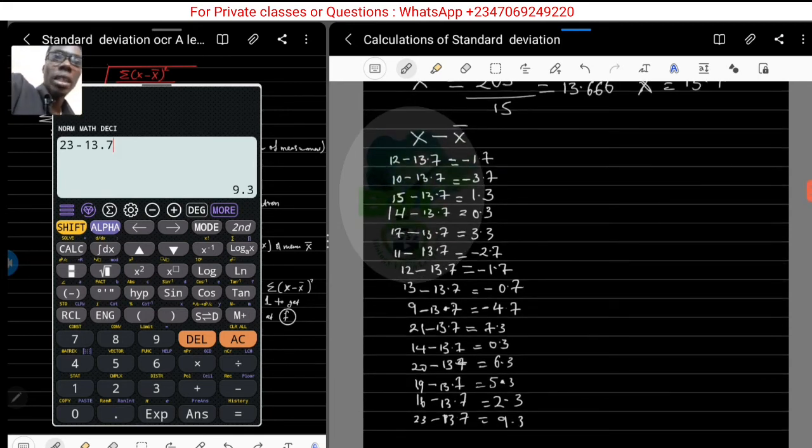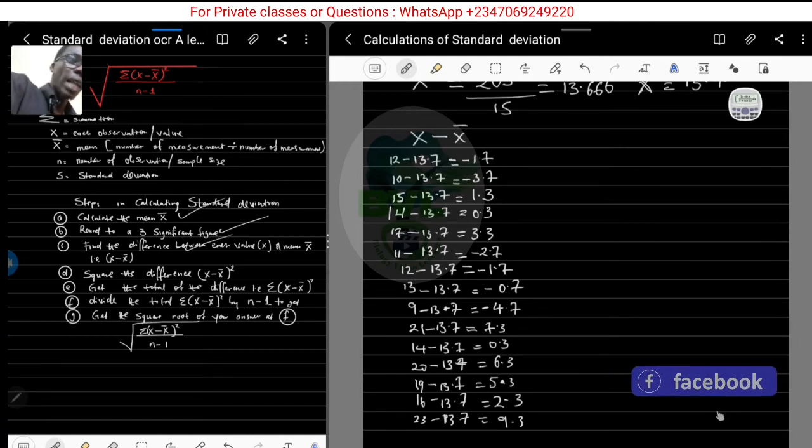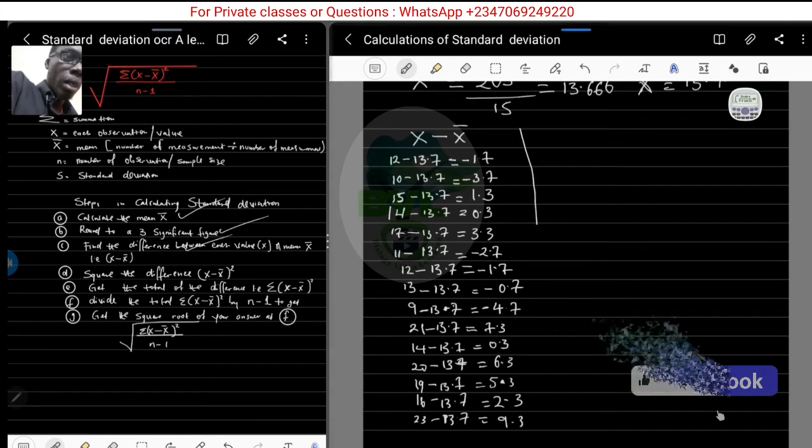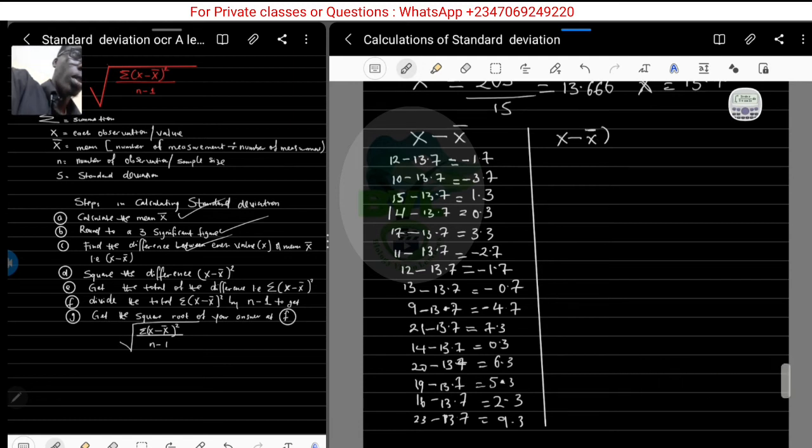The next thing is, so we've done step 1, step 2, step 3. Step 4 is to square that. So we are going to have each of the parameters minus x bar, squared.